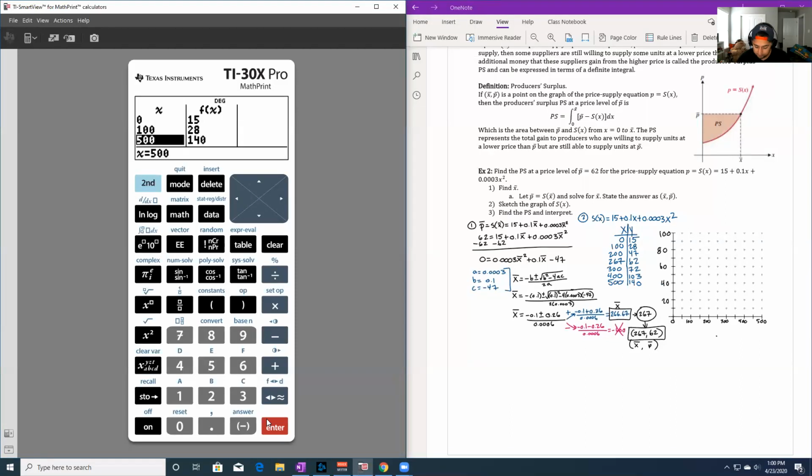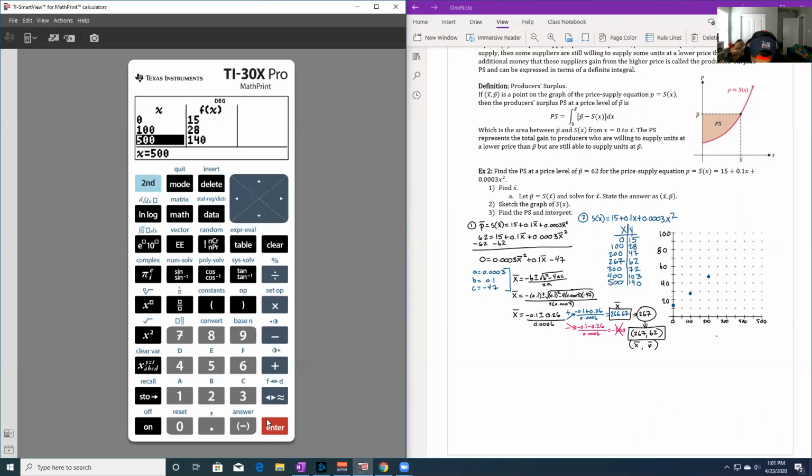Let's graph. At 0, we're at 15, so that's 10. So put it around there. 100, we are at 28. Put it around there. 200, we are at 47. Somewhere around there. And then sneak in our value of 267, we're at 62.